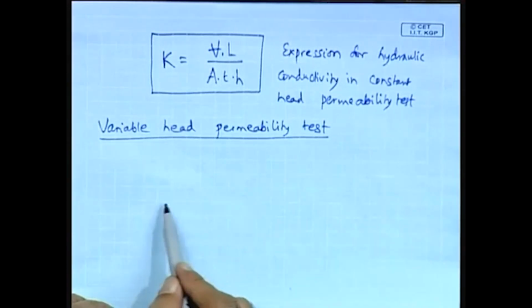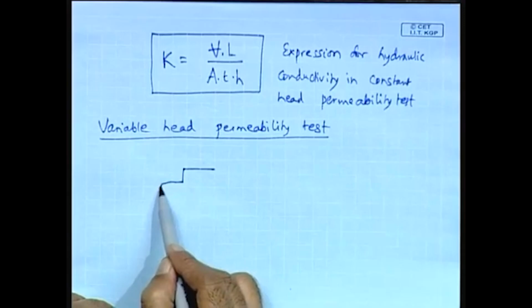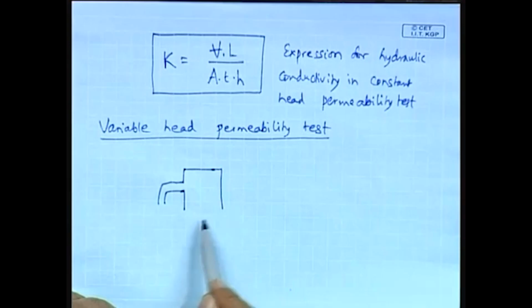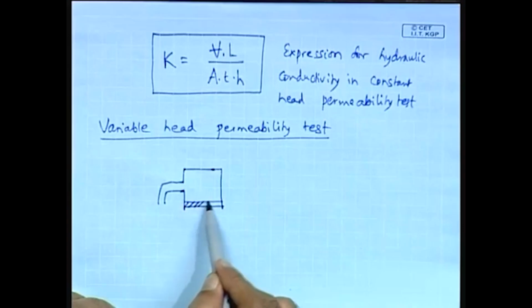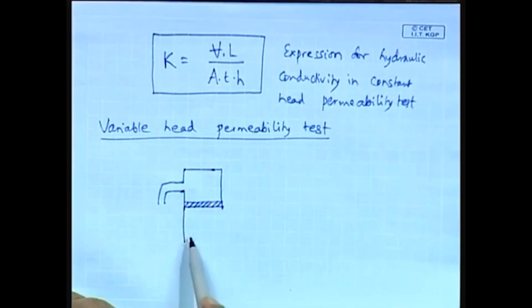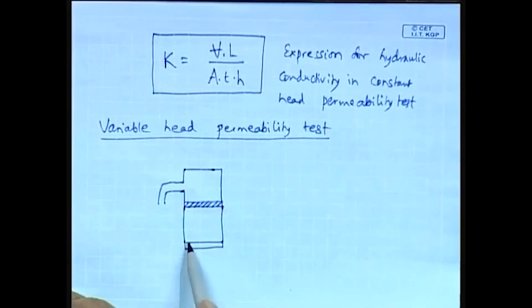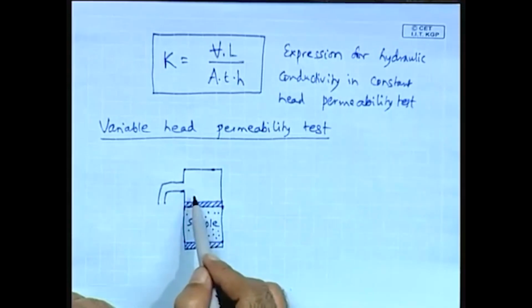The sample part is almost the same. The soil or rock sample is enclosed between 2 porous plates. So, this is the soil or rock sample through which variable head permeability test is conducted.